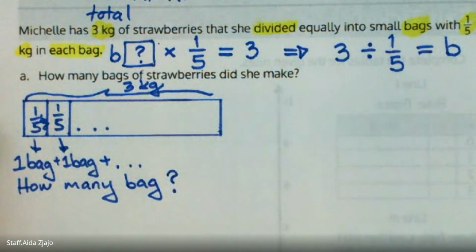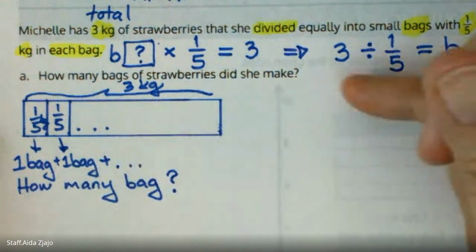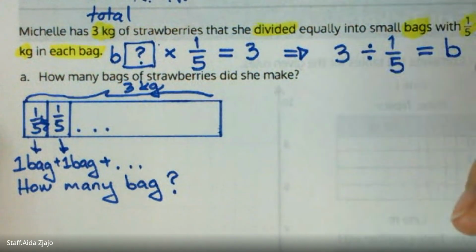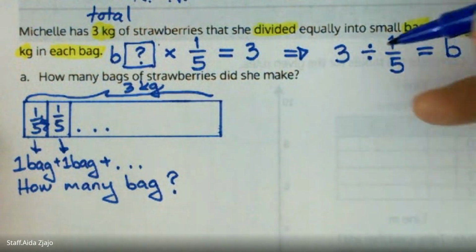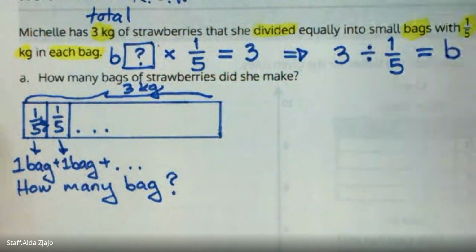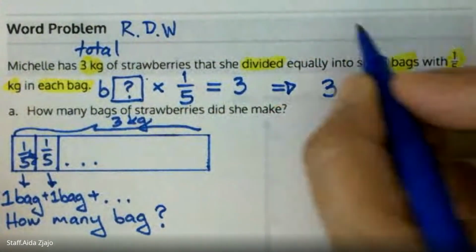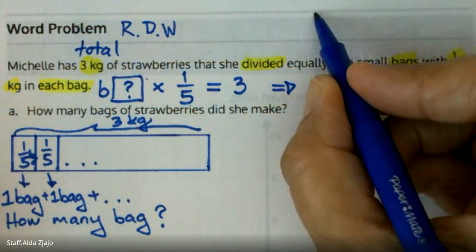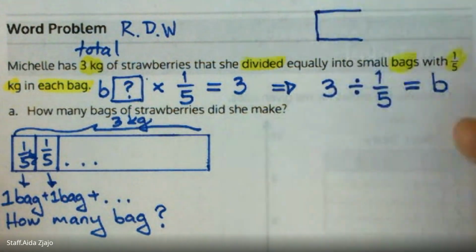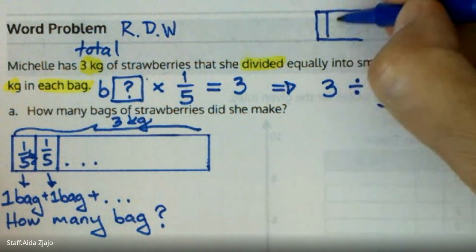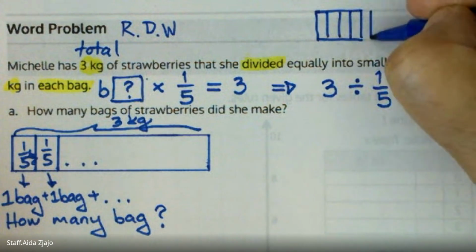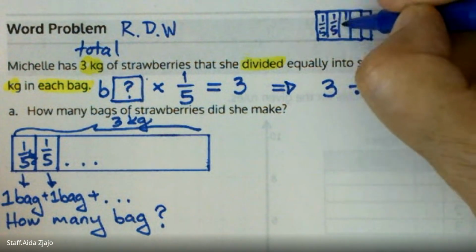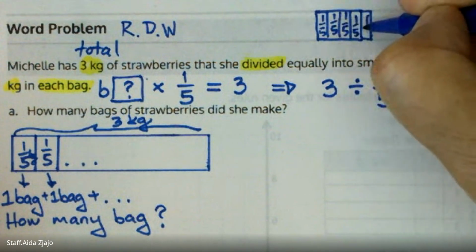You can think about changing 3 wholes into fifths and dividing this into groups of fifths. That would be the simplest thing to think. If this is 1 whole kilogram, I'm going to open a rectangle: 1, 2, 3, 4, 5, 1/5, 1/5, 1/5, 1/5, 1/5.